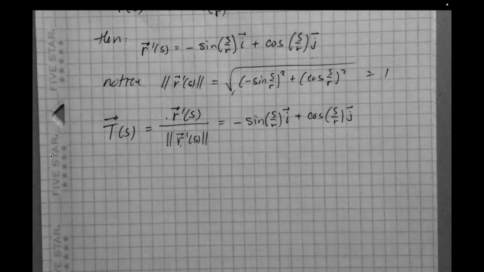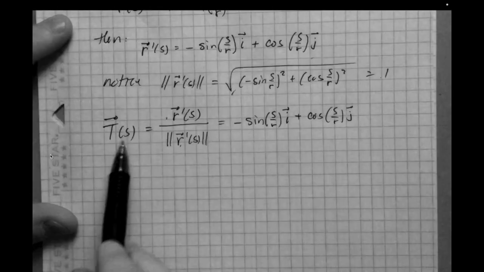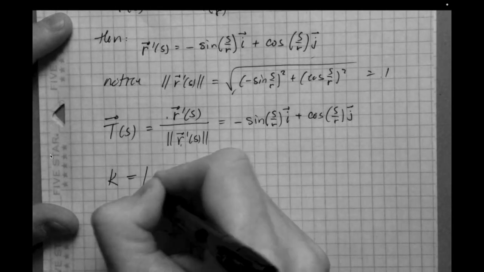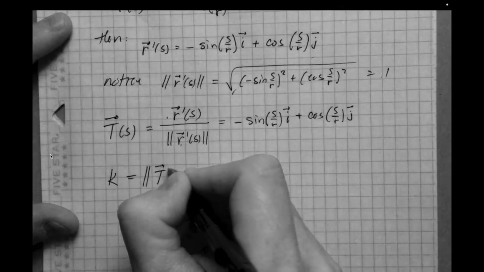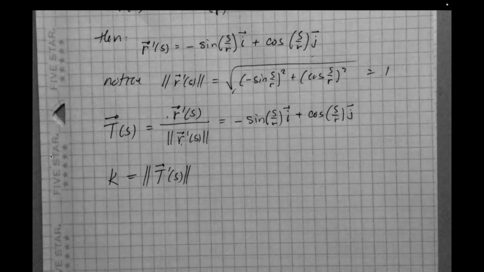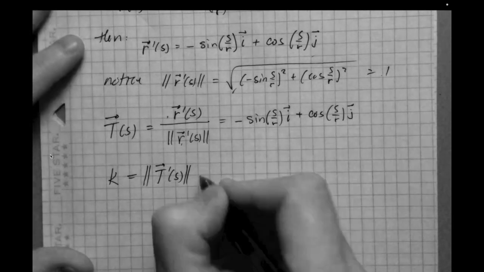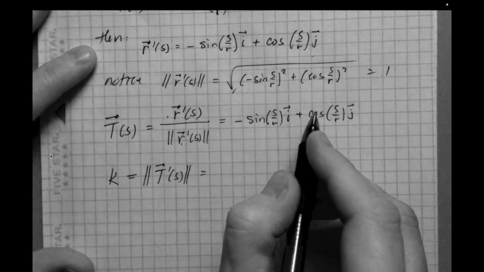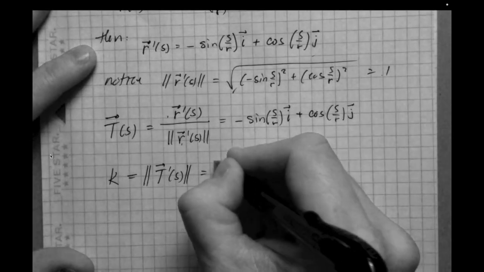Then the curvature is just the norm of the derivative of this. So kappa is just equal to the norm of the derivative of the unit tangent vector. Okay, and so what is that? Well, first we have to differentiate. We can do this in one step, I think.